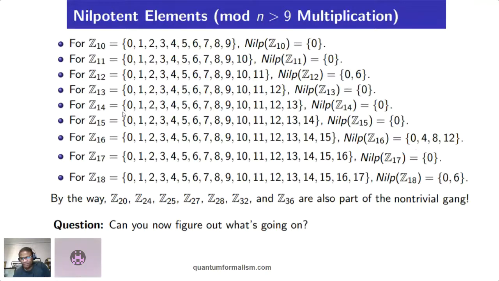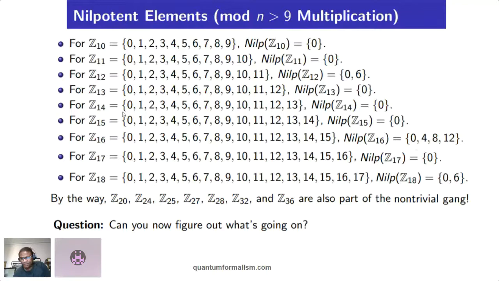But nevertheless, even if this is wrong, you will see that Z16 is non-trivial. Z17 is trivial. Z18 is non-trivial. Interestingly enough, Z18 and Z12 are very interesting, with 0, 6. Okay, I'll leave this as a thing to try to figure out.